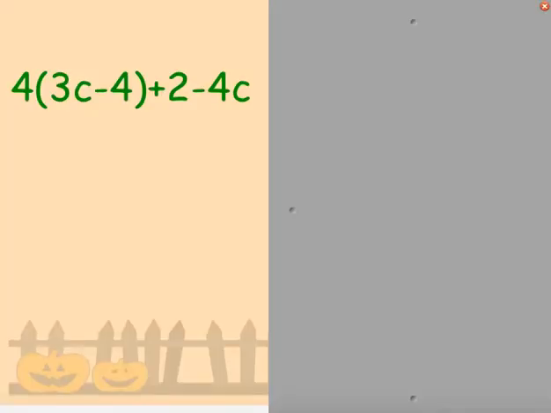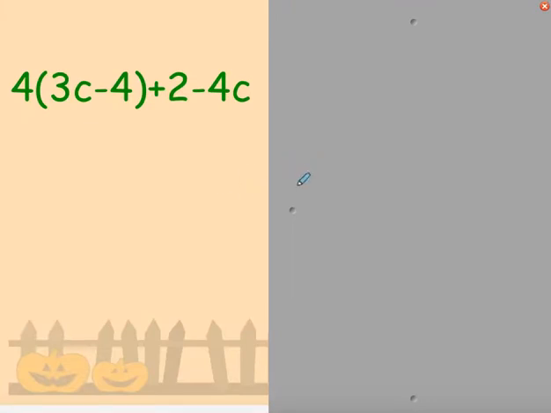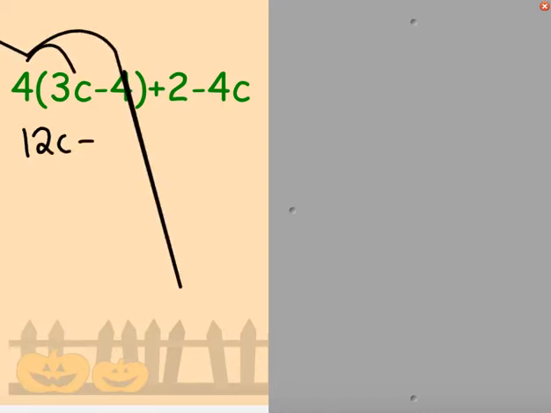Let's get into some more challenging ones, okay? Let's do these. So let's distribute that 4, and we get 12c, and we get a minus 16, plus 2 minus 4c. Well, if we look, some of these terms have c's, some of them do not. Well, the ones that have c's, I'm going to group together.